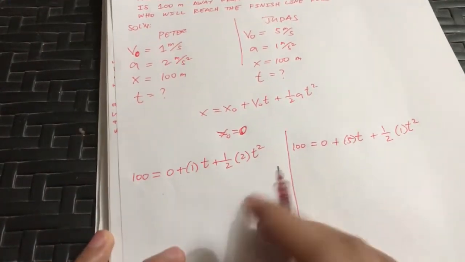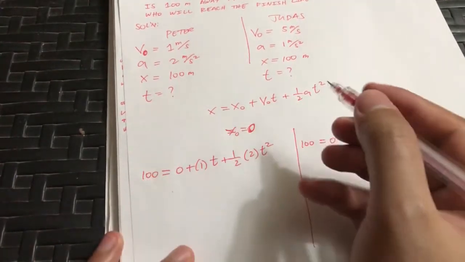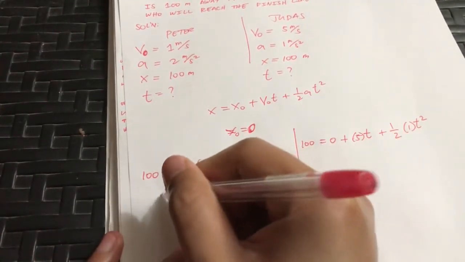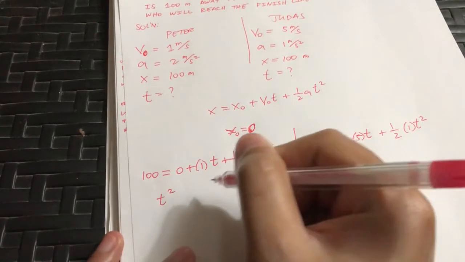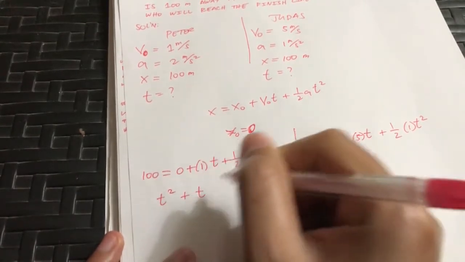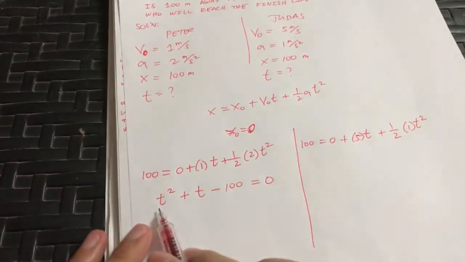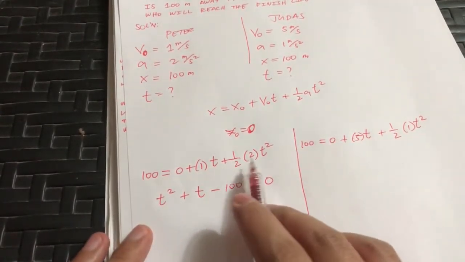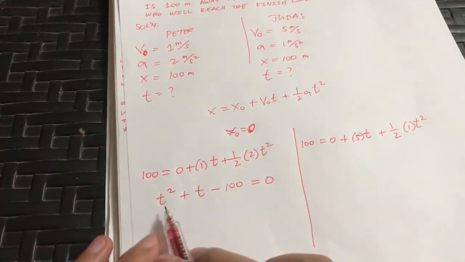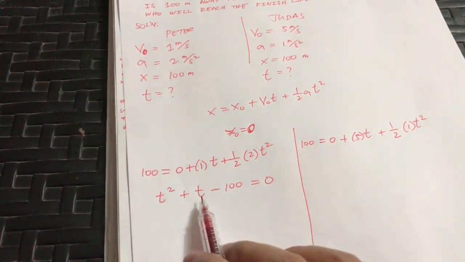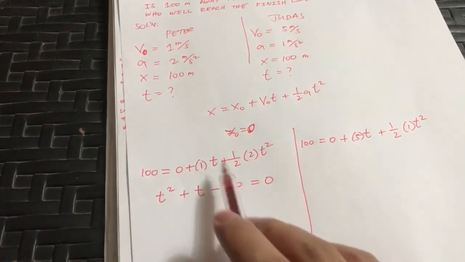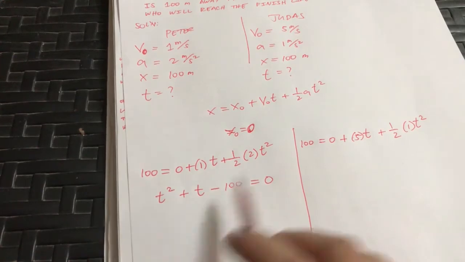So rearranging them, we get t squared + t - 100 = 0. T squared because 2 times 1/2 is 1, so 1 t squared, 1 times t is t. Transfer 100 to this side, you have negative 100.